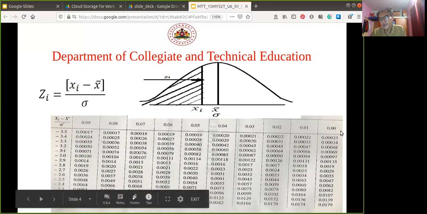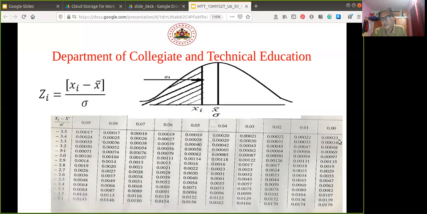You can see here, this is 0, so minus 3.5 gives 0.00023. That is the area under the curve for the value of 3.5.